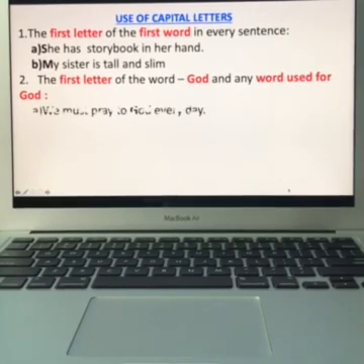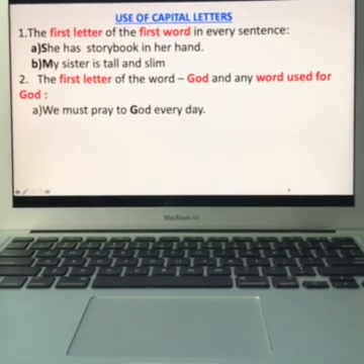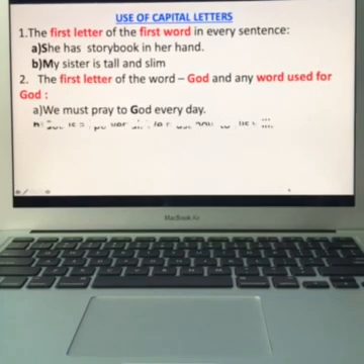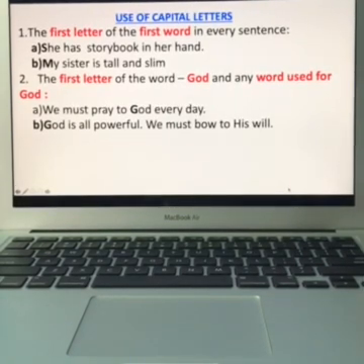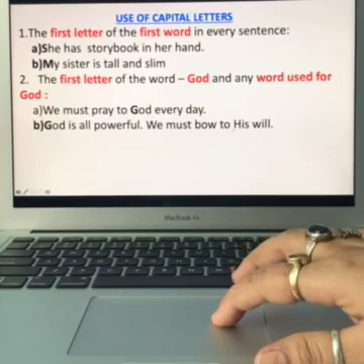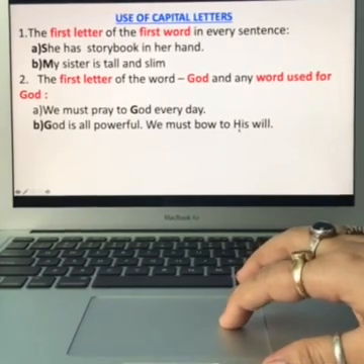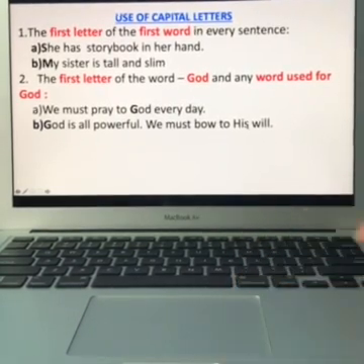Like, we must pray to God every day. God is all powerful. We must bow to His will. In these two sentences, G of God and H of His is capital because this His is for God.